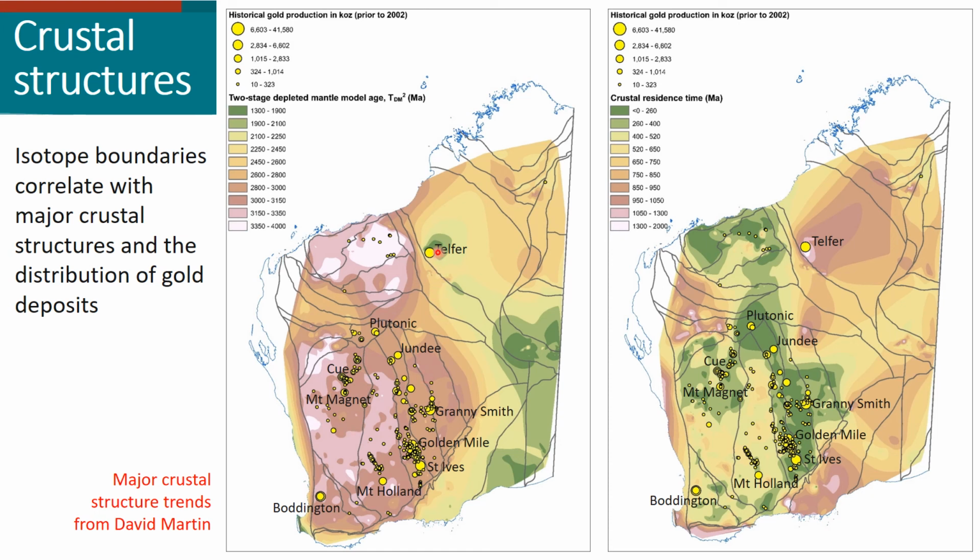Interestingly, tellurium, plutonic, and giant gold deposits in the Murchison are aligned along a northeast-trending isotopic trend. Similar trends occur between the east and western Pilbara and between the Yilgarn craton and the Albany-Fraser orogen. These isotopically defined discontinuities may be important clues to the earliest architectural elements in Western Australia.